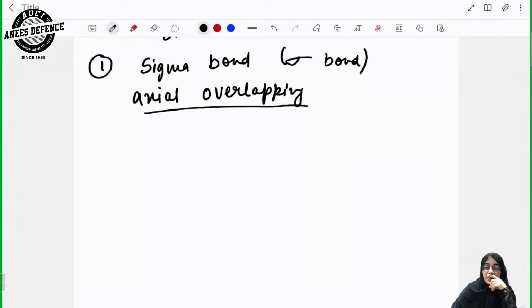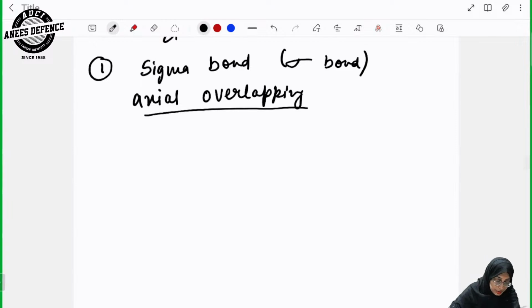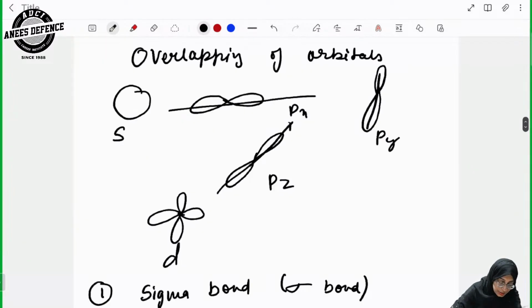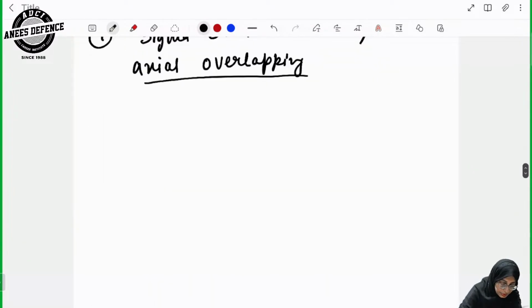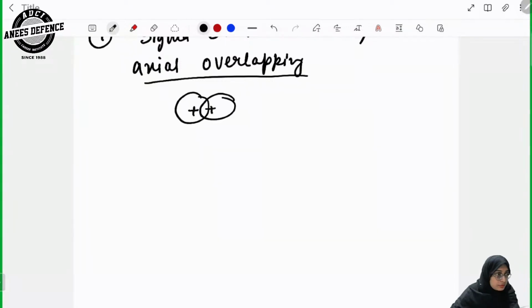One more thing. We have seen that the overlapping takes place between the orbitals having opposite spin. But it also takes place between the same sign. If this is an s orbital and this is an s orbital, both should have a plus sign.